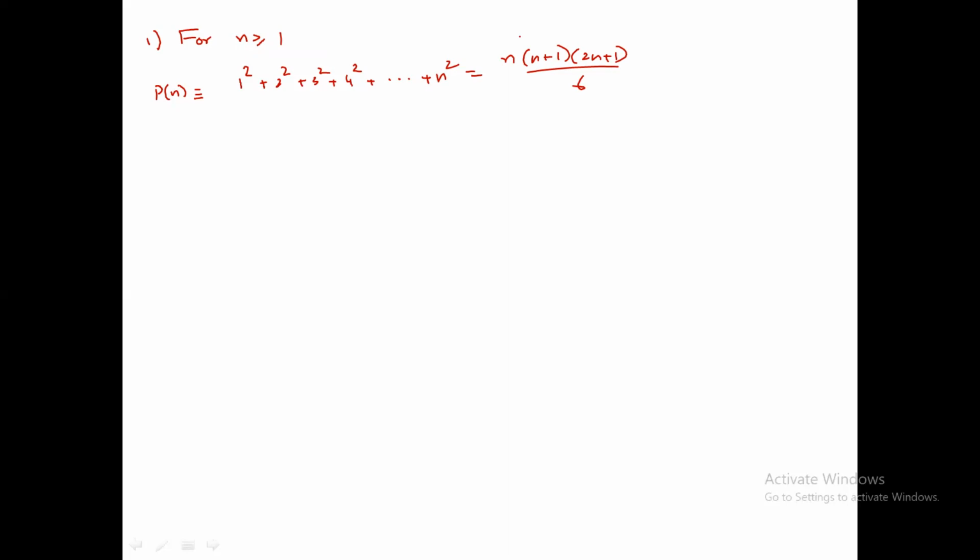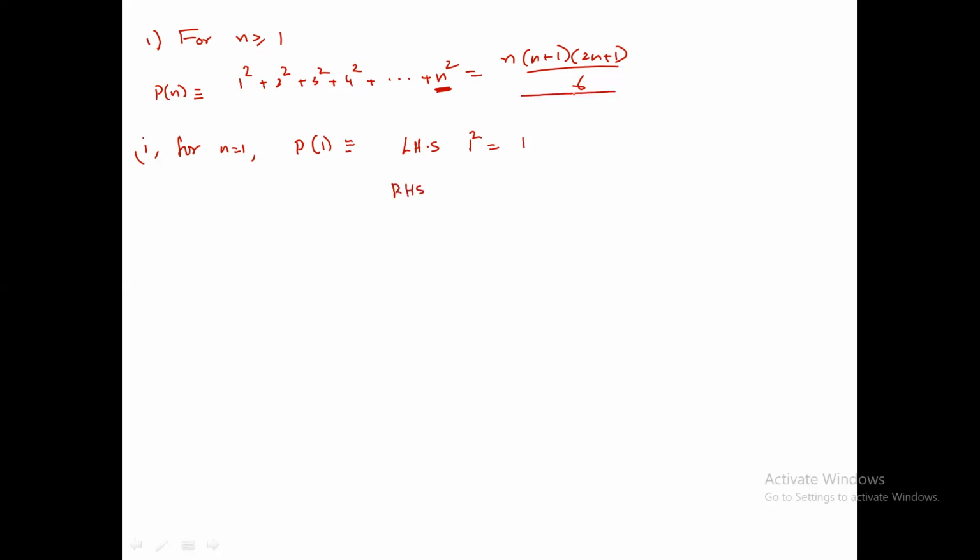So first, what did I tell you? Put n equal to 1. For n equal to 1, the statement P of 1. When you put n as 1 on left hand side, you will have only 1 square, that is 1.